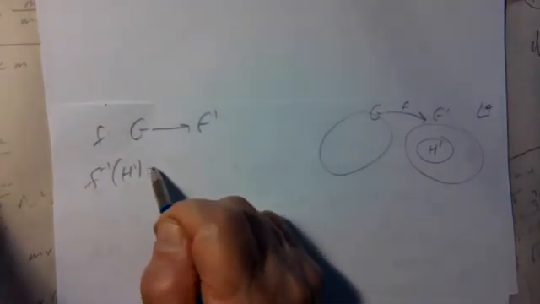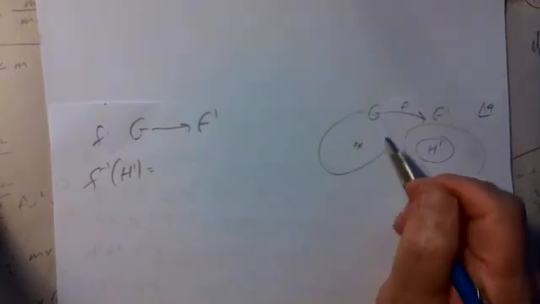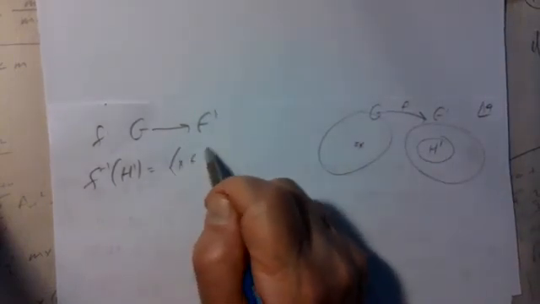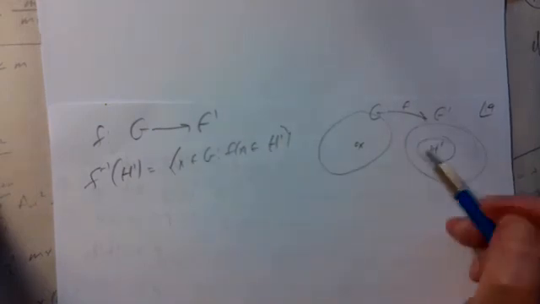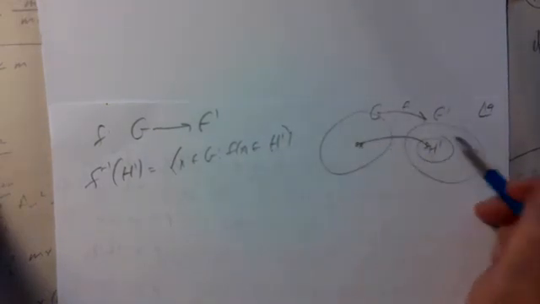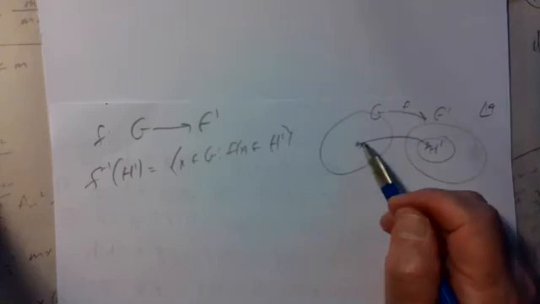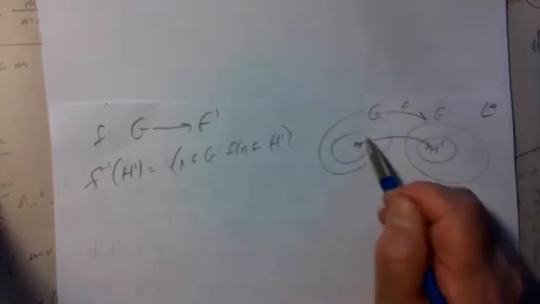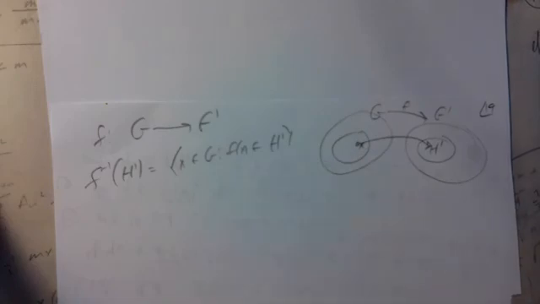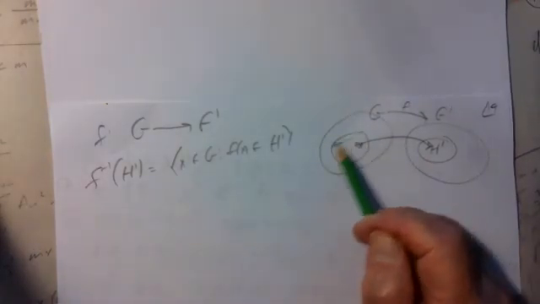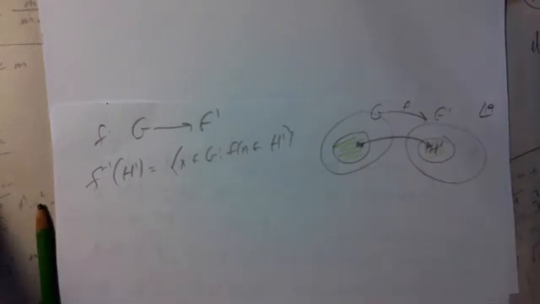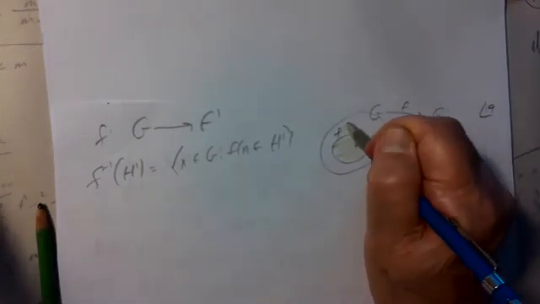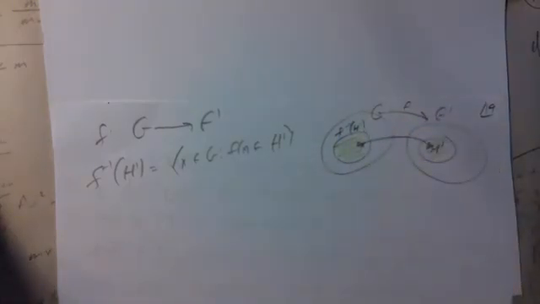You can let f inverse of H prime be every element x in G such that f of x ends up in H prime, and it doesn't end up over here somewhere. So you have all the elements in G that f sends into H prime. And that's what is called f inverse of H prime.